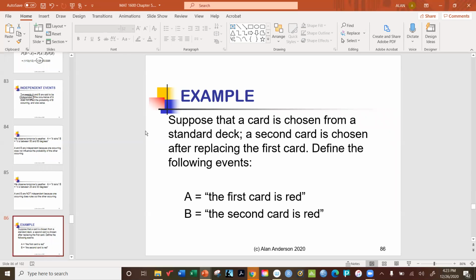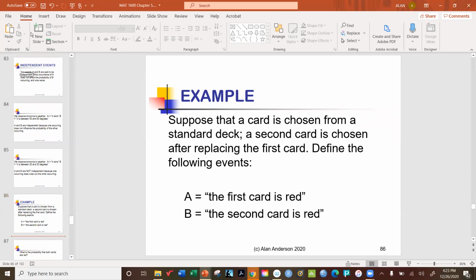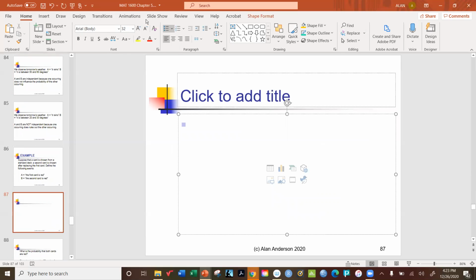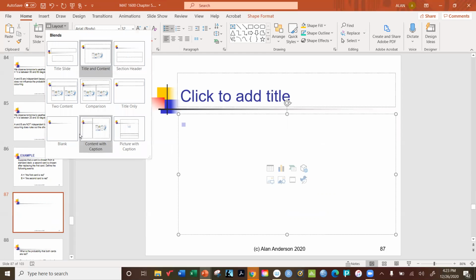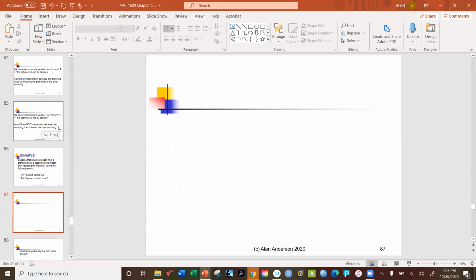So here's an example of a deck of cards. We have a card chosen from a deck. And what's going to happen here is that we're going to do the following. We're going to take a look at the card. And let me just draw a little picture here so you can visualize what this looks like. Here's a deck of cards.